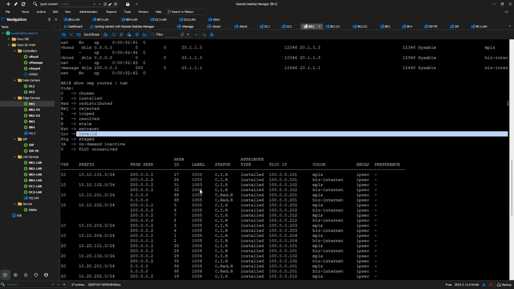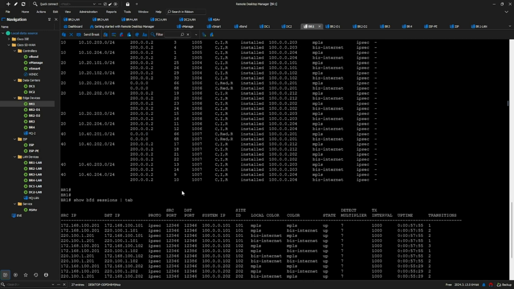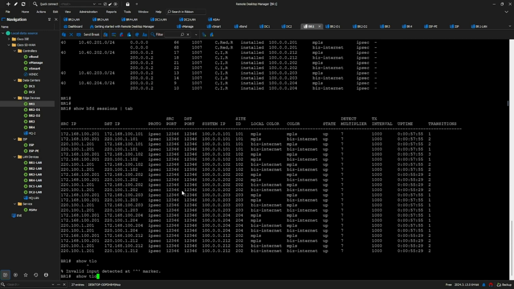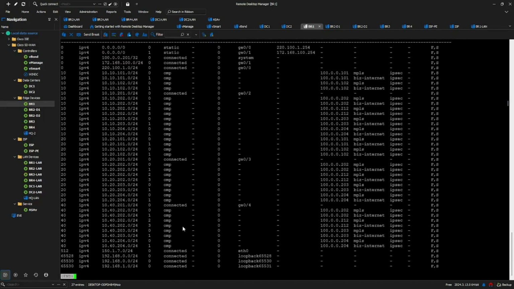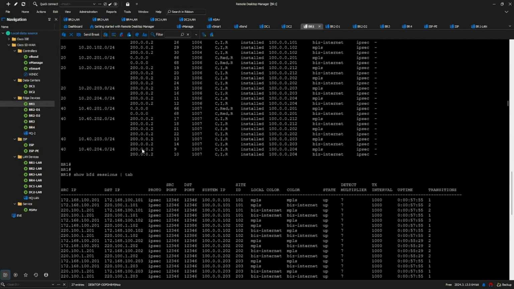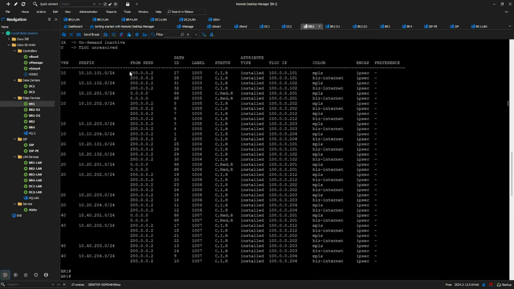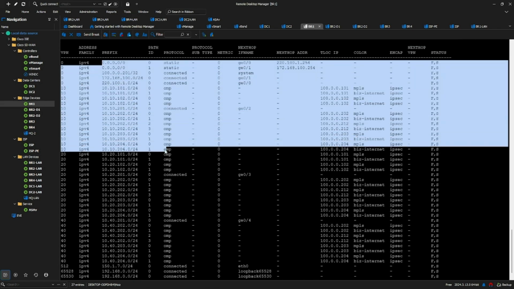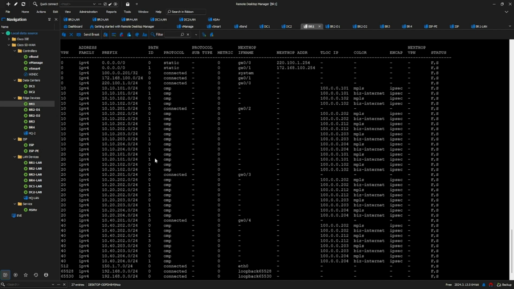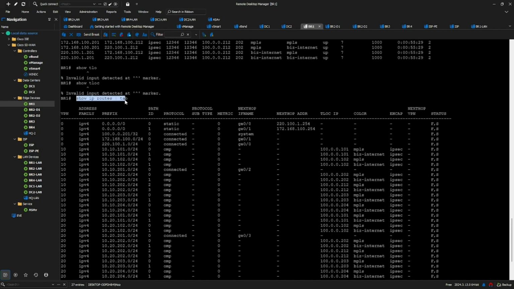Now let's go to the show IP routes tab. This is the actual routing table. The OMP table is the one which you're getting from the SD-WAN fabric. But whenever the router looks for where to forward data packets, it will look into its routing table, that is show IP routes.